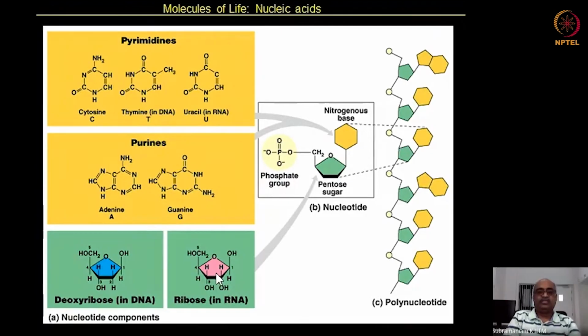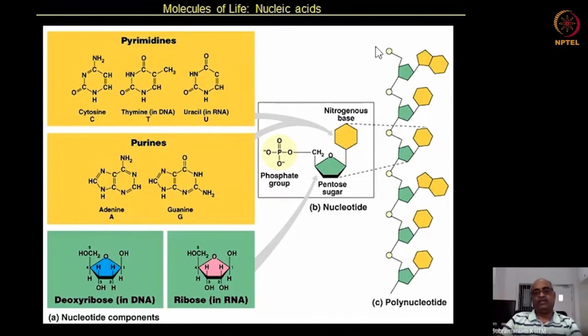Okay. So this is the basic structure of a nucleic acid. Quite simple. All we need to know is it is a polymer, and the repeating monomer is a nucleotide, and the nucleotide itself has three components, namely a nitrogenous base, a pentose sugar, and a phosphate group. And this phosphoric acid makes two ester bonds, and therefore we call it a diester bond, between adjacent ribose sugars in a long chain.